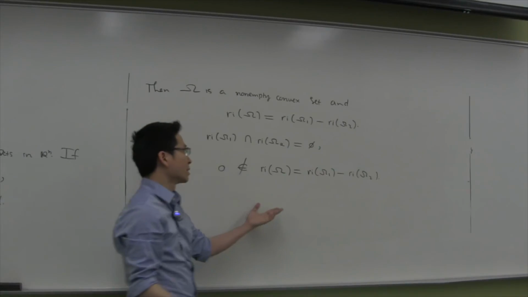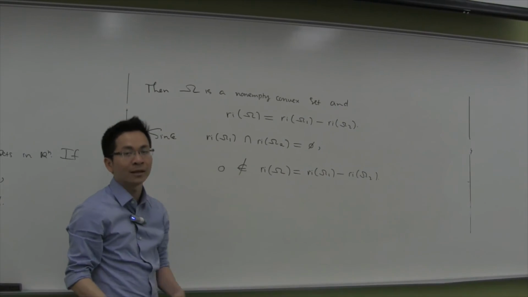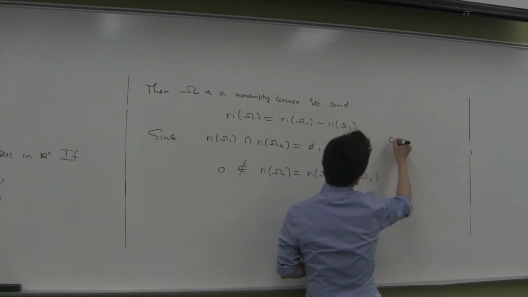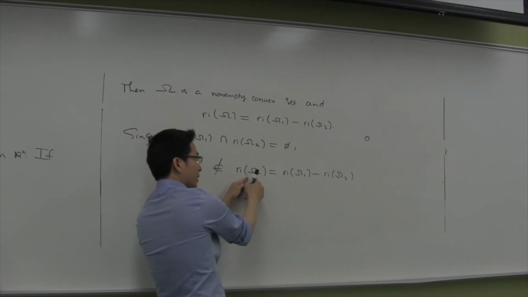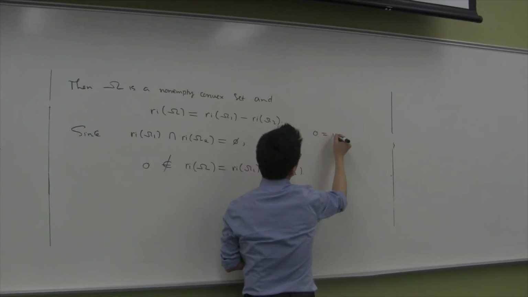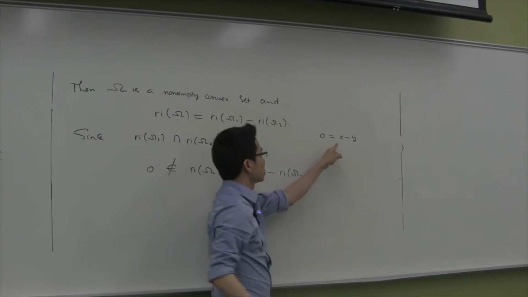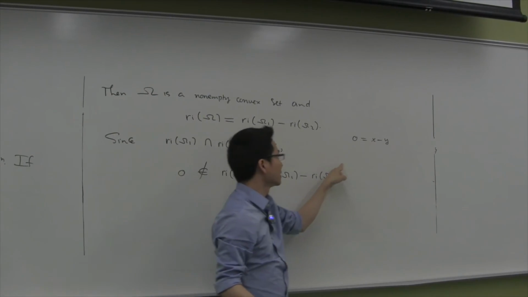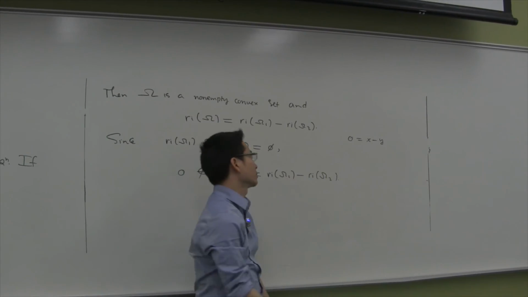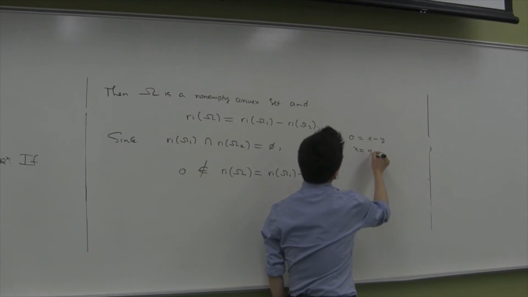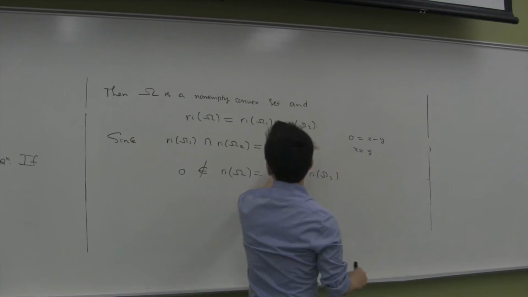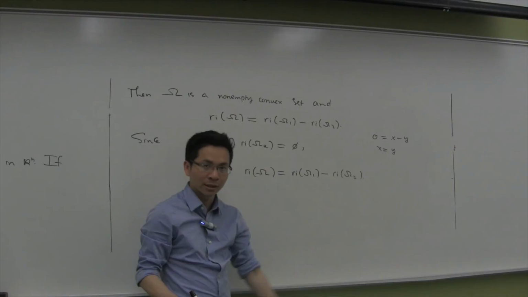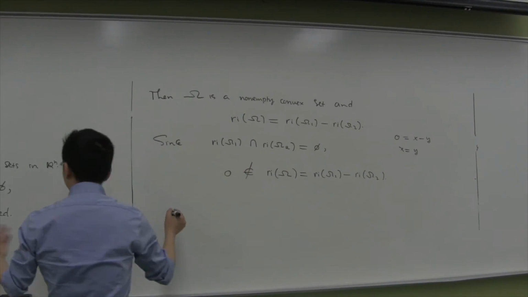We can show that this is true easily by a contradiction argument. If 0 belongs to this relative interior, so 0 can be written as x minus y, where x is in the relative interior of omega 1 and y is in the relative interior of omega 2. So then x is equal to y. And this element then belongs to this intersection, which is a contradiction.